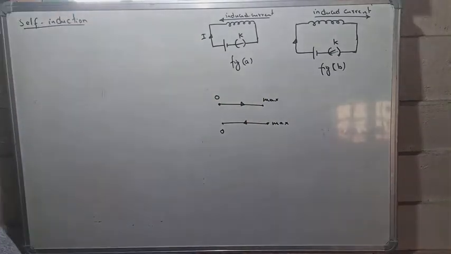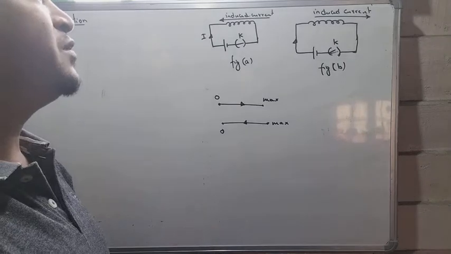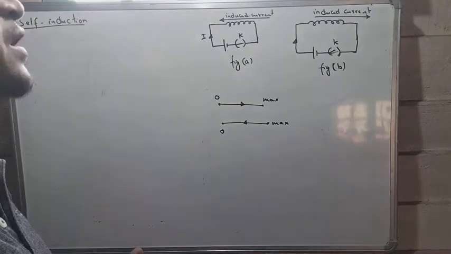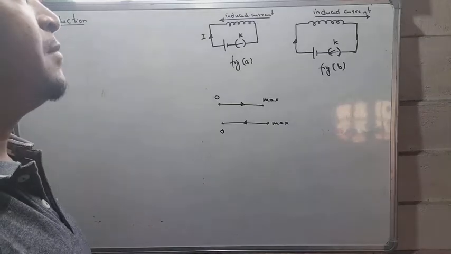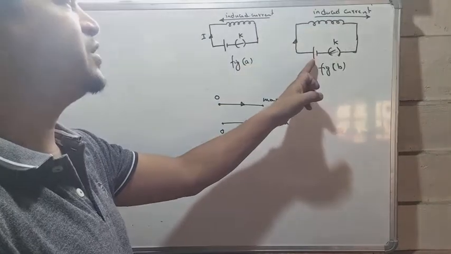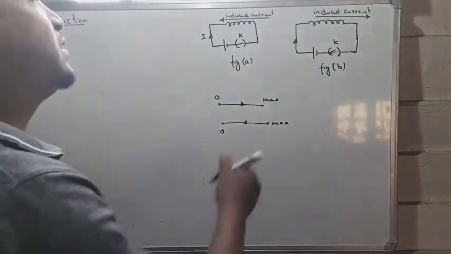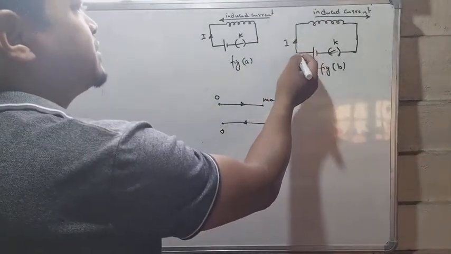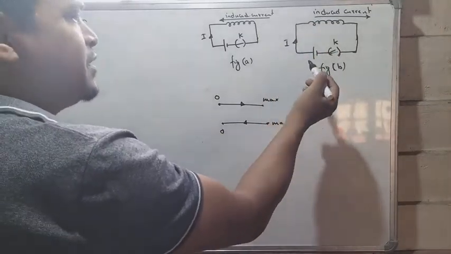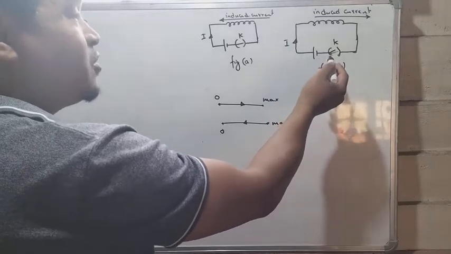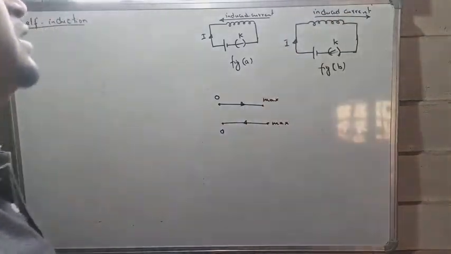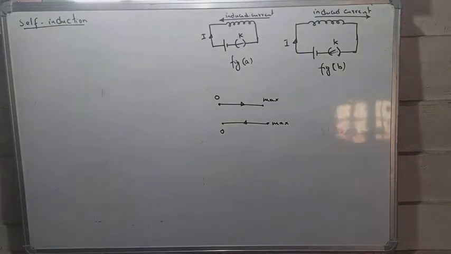That decreasing magnetic flux will set up a current in the coil, or we can say a current is induced in the coil. But the direction of current in this case should be the same as the direction of the battery current. When the circuit is open, this induced current will flow in the same direction as the battery current.